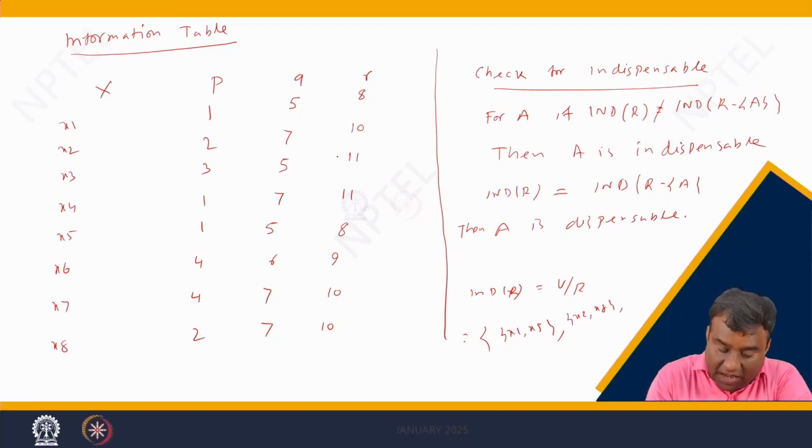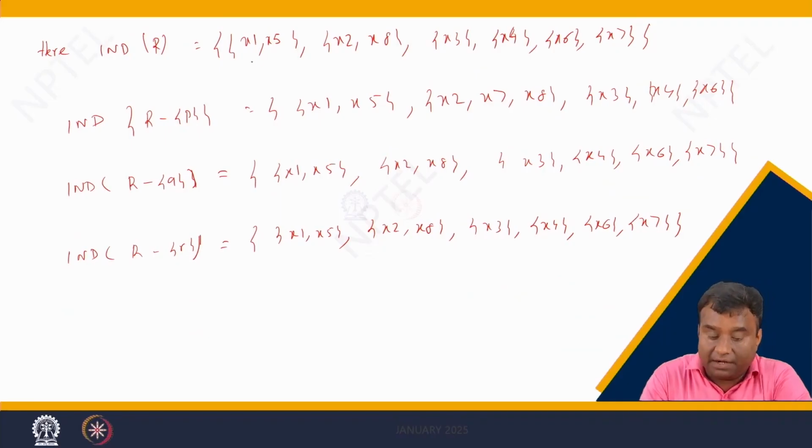Now x3 has 3, 5, 11, and no one else has that. x4 has 1, 7, 11, and no one else has that. Then x6 and x7 are separate. So we have calculated the indiscernibility relation of R.